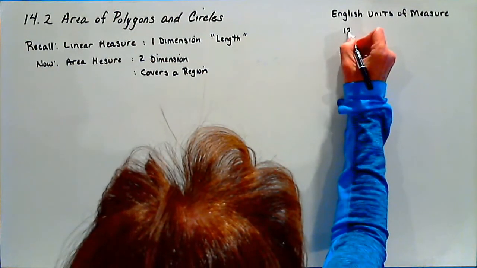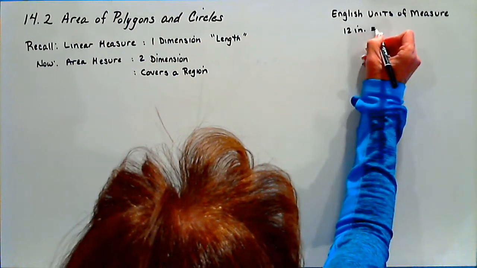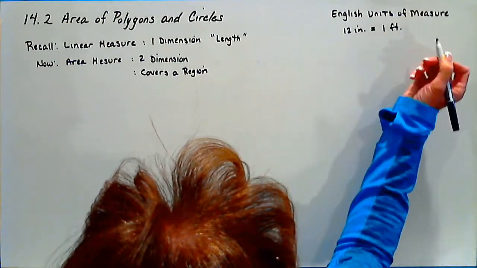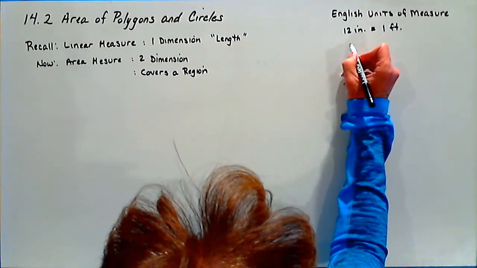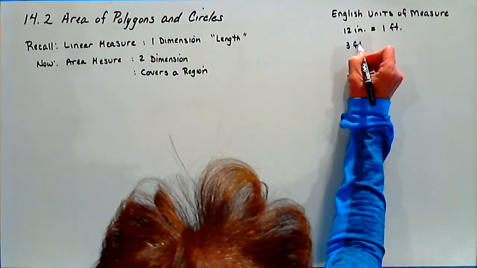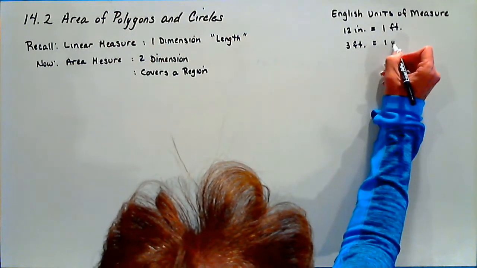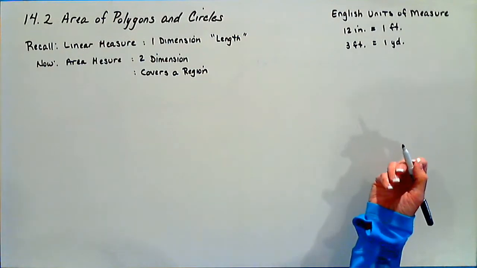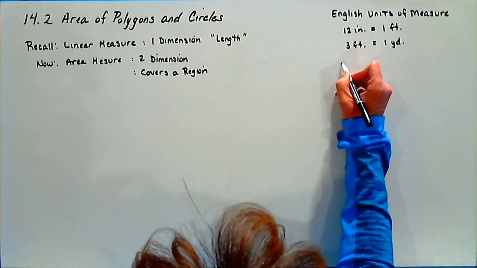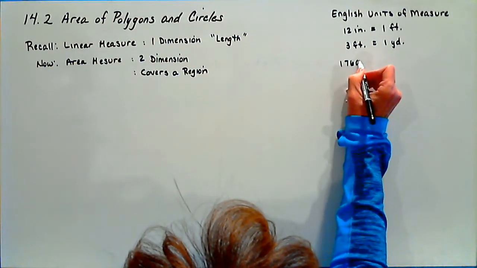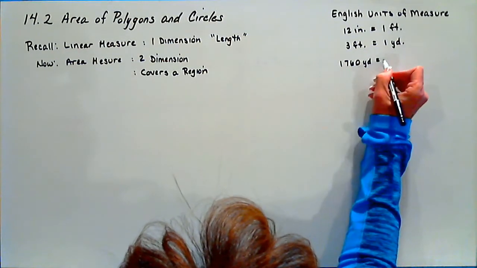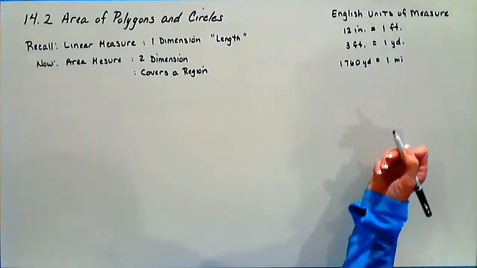We know that 12 inches is the same as 1 foot. We know that 3 feet is the same as 1 yard. And we know that 1,760 yards is the same as 1 mile.